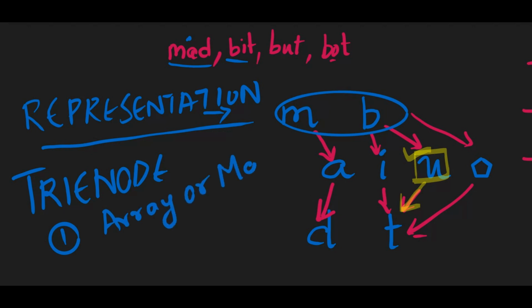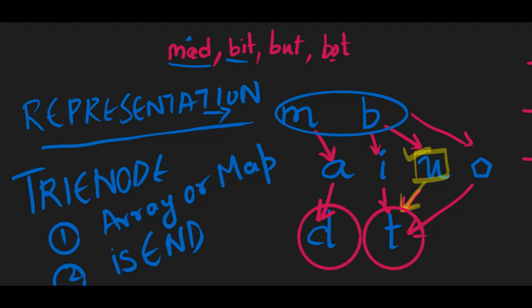Okay, so I'm going to call it children. It could be an array or it could be a map. The second one is called the is-end flag. So notice that in the end, while searching, if we hit the letter D, it should tell the algorithm that we have a potential end of a word. So if it's an end of a word, if we mark it during the search process, we understand, okay, at this particular point, a complete word is found. So at that particular point, we can say, okay, if we are trying to search for such a word, this word does exist in our trie, right?